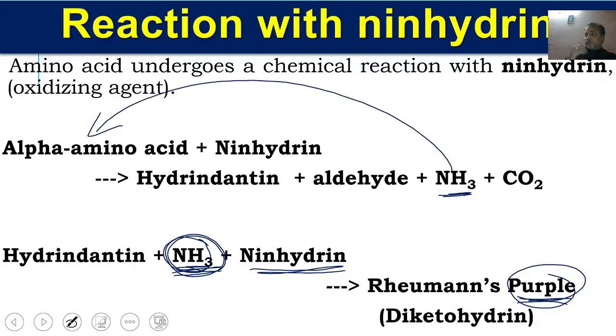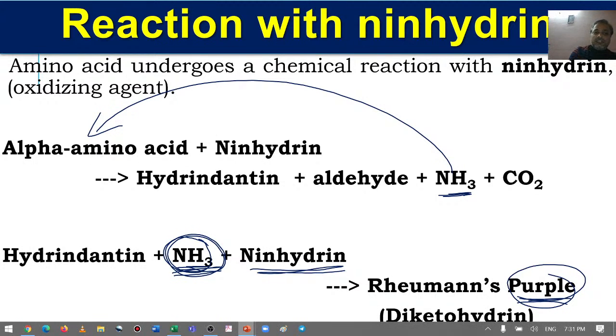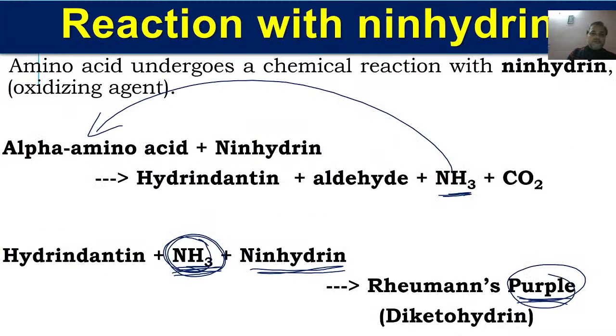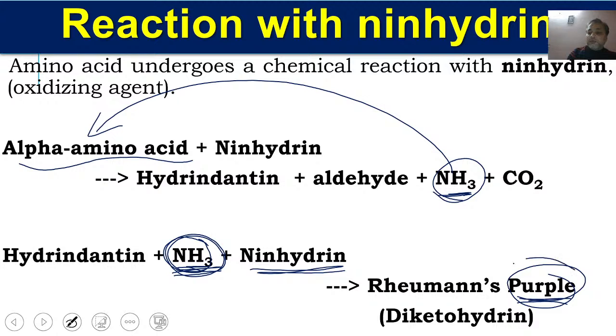So if we have more alpha amino acid in the test solution, more ammonia will form, and if more ammonia forms, more purple color will form. So the color you observe, pink, purple or blue, depends on how much amino acid is there.